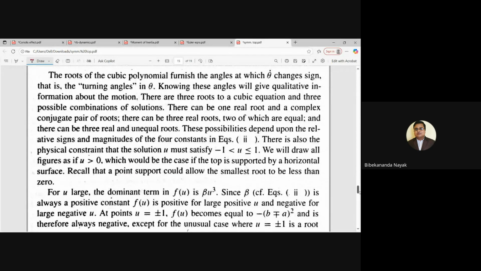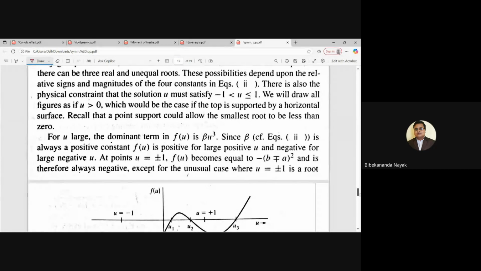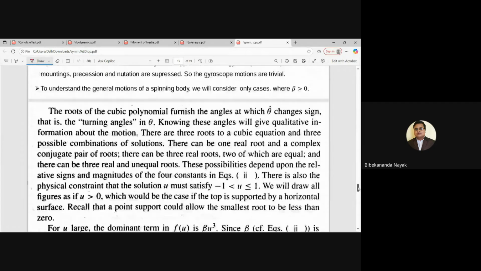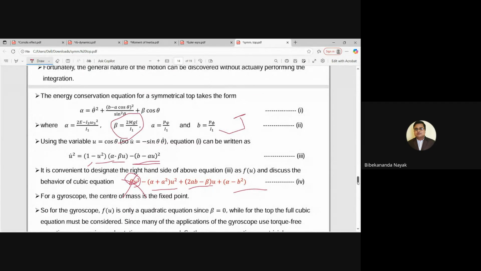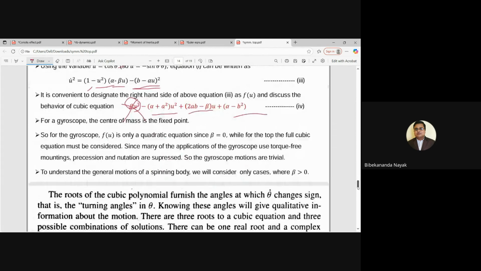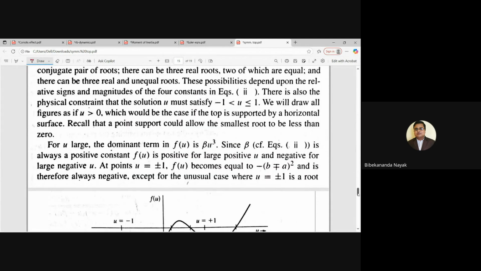Again, for large u, the dominant term is beta u cube. If u is large, then u cube will be even larger, so beta u cube will be the dominant term. Beta is always positive, so beta u cube is positive or negative depending on the value of u.